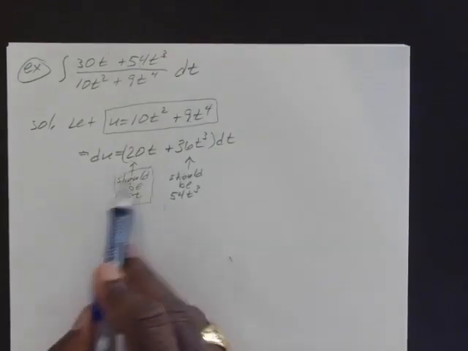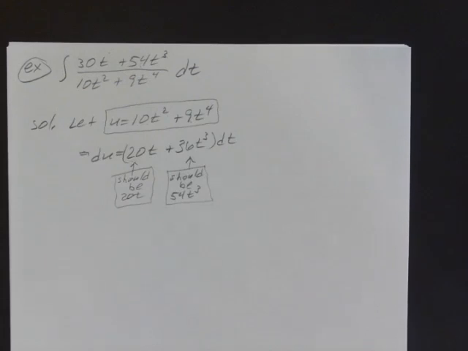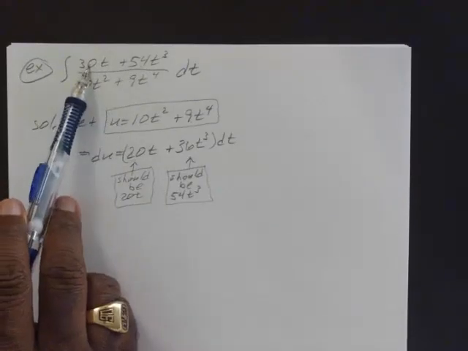Okay, so we know what it should be in order for our integral to be transformed into one that we can make a natural log answer. So that means we have to turn that 20 into 30.